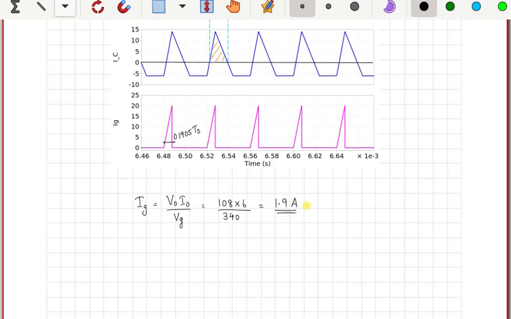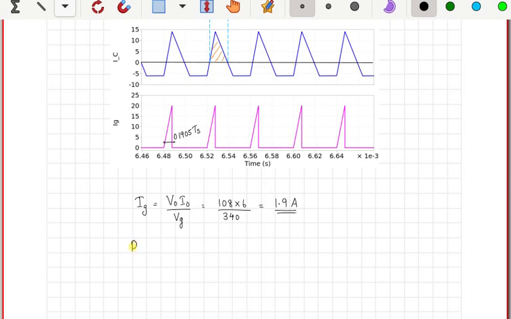right? So what this means is that there is a lot of harmonic components apart from the average current of 1.9 amperes. There is a lot of harmonic components that are going to flow through this source, this voltage source, right? And these harmonic components, being at higher frequencies, do not really contribute to the power generated from the source, because your source is a DC voltage, right?